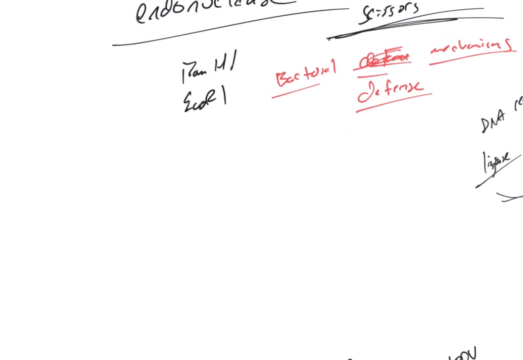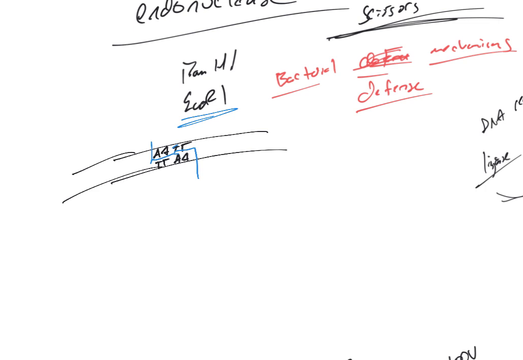So, for example, EcoRI has a specific site. Now I'm making this up, so let's say it's AATT and TTAA. Let's say this is EcoRI's cut site. This is how it cuts. Every time you're going along your DNA, here's your DNA molecule, every time EcoRI sees AATT, it cuts like this.